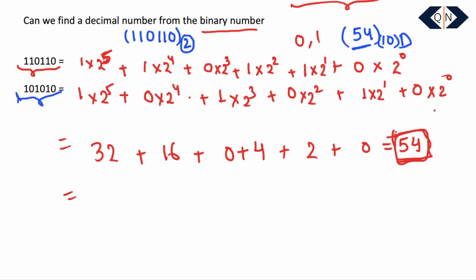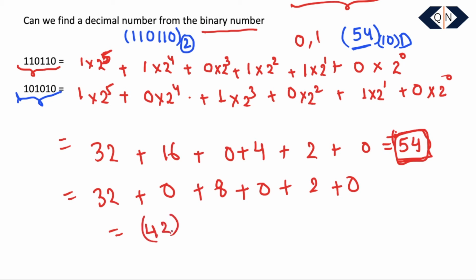So this is 0, this is 2, this is 0, this is 2 to the power 2 into 2, 8, plus 0 plus 32. Can you sum this all? So it is equal to 42.